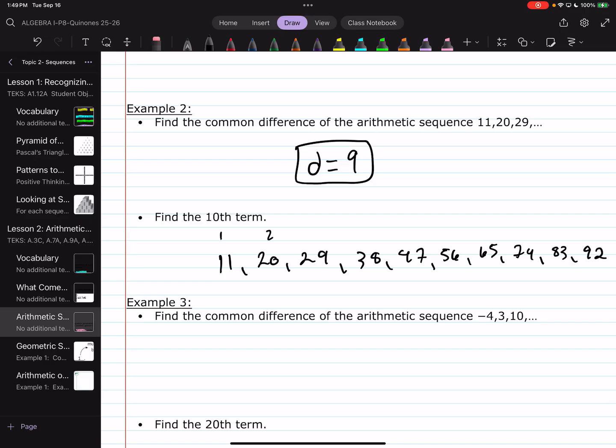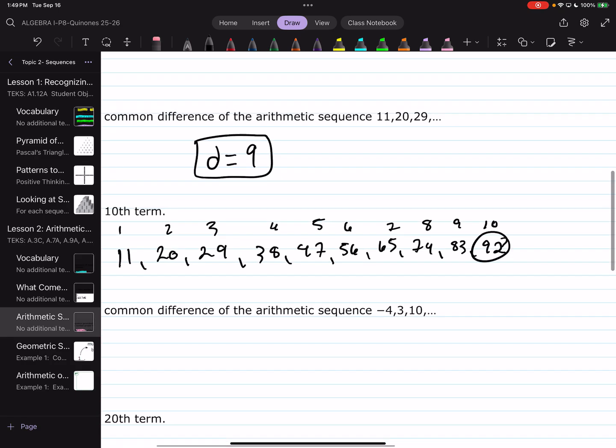It's the first, second, third, fourth, fifth, sixth, seventh, eighth, ninth, and 10th term. So my answer is 92. That is the 10th term of that sequence.